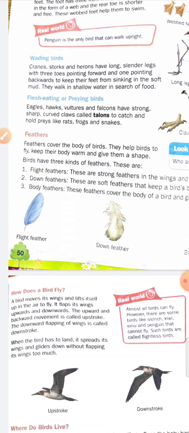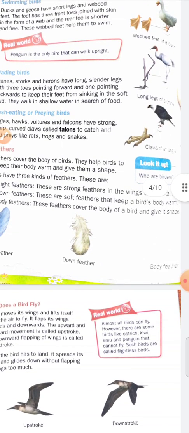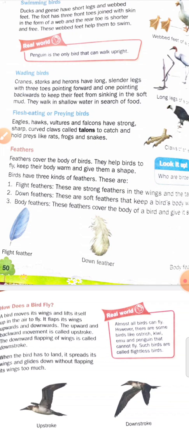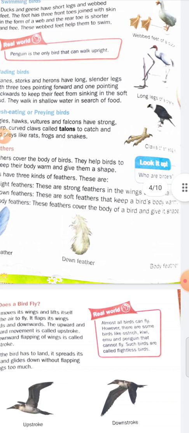Now students, if we talk about flight feathers, these are strong feathers in the wings and they are found in the tail also. And down feathers are soft and keep a bird's body warm.